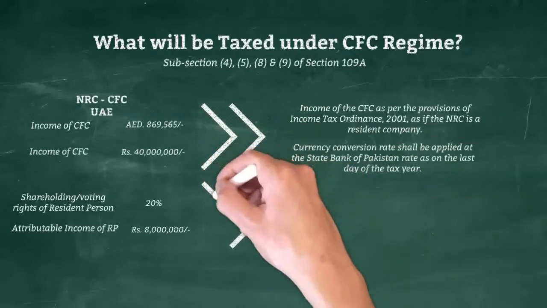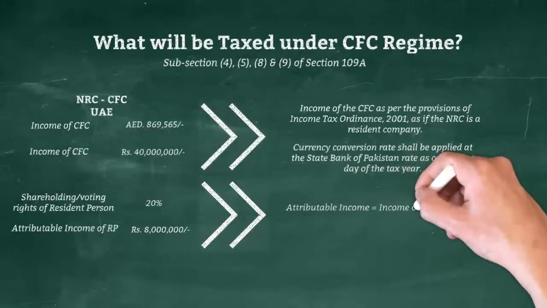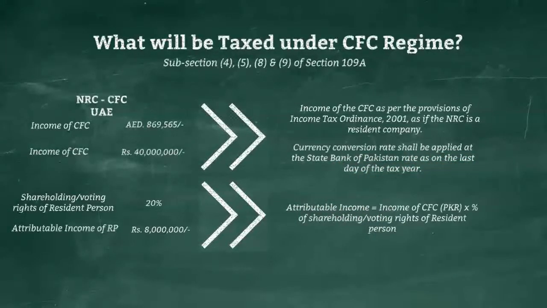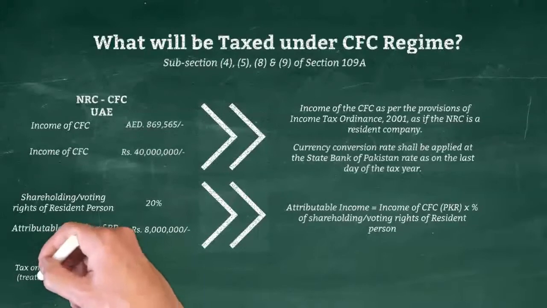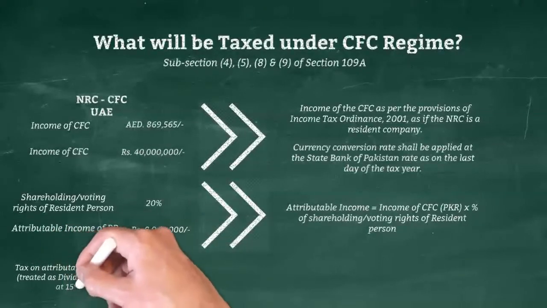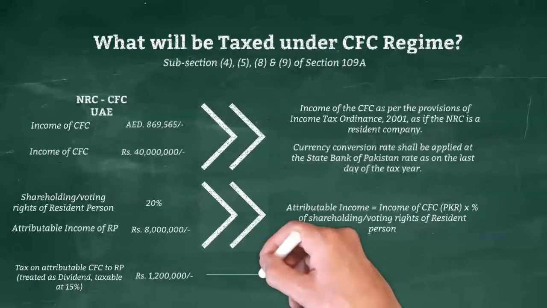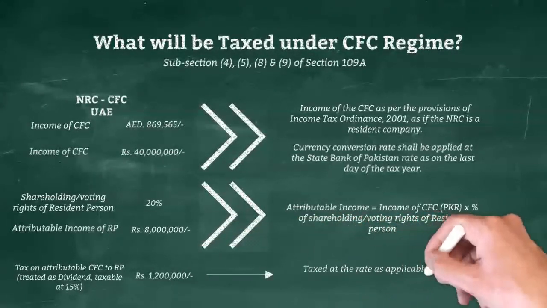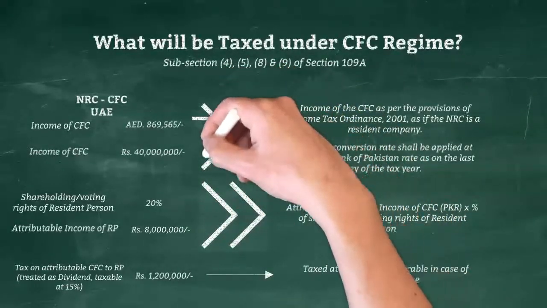So attribution of income is based on the formula of income of CFC multiplied by percentage shareholding or voting rights of the resident person. That way, the attributed income, that is rupees 8 million in this case, shall be subject to a 15% rate of tax, which works out at rupees 1.2 million, as if the same is dividend income under the Pakistan tax law.